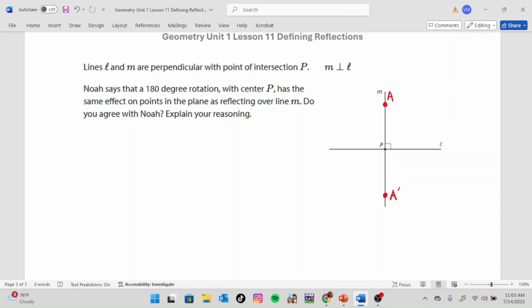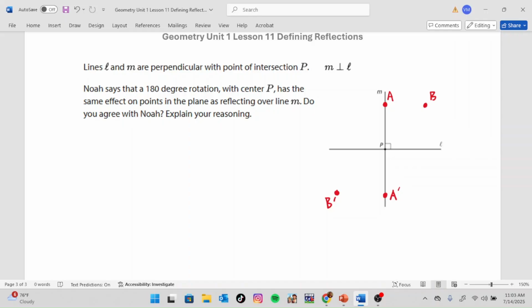The second point that I'm going to use is going to be point B that is not on line M or line L. If we rotate around clockwise 180 degrees, then point B prime is going to be down here in the bottom left.